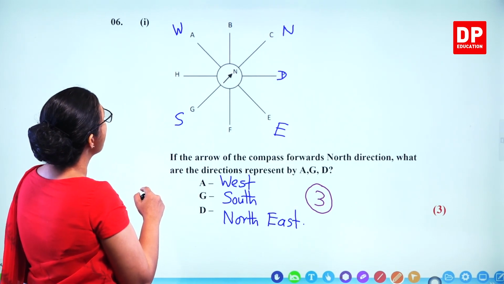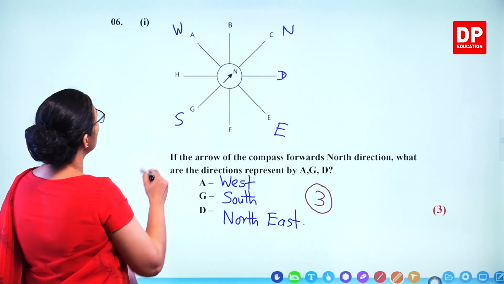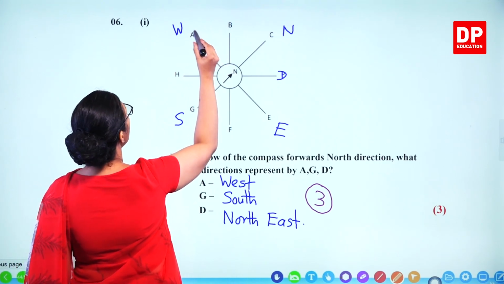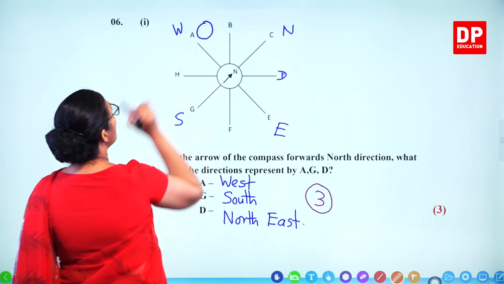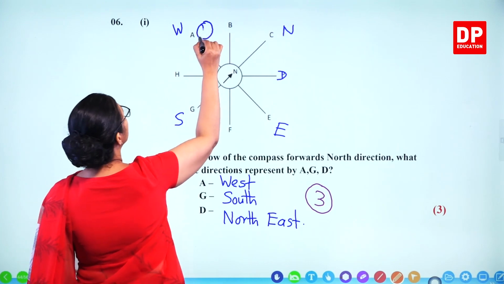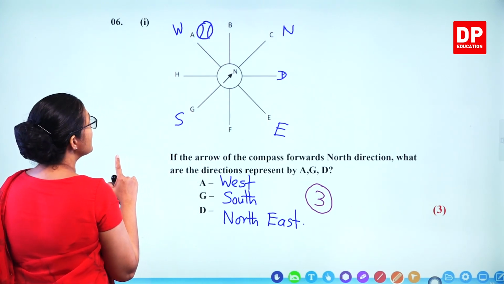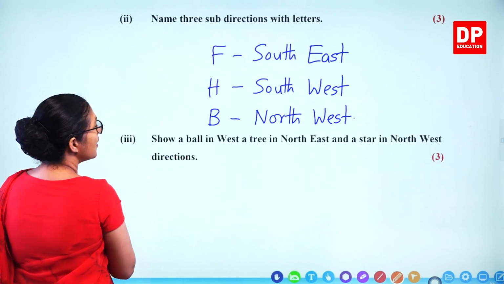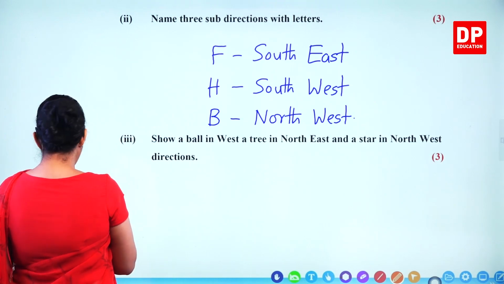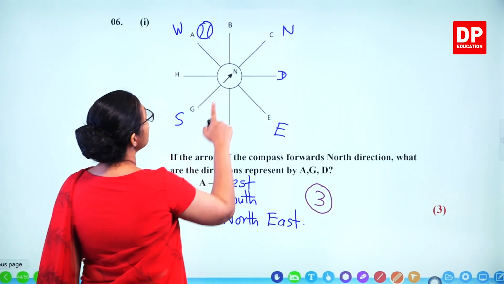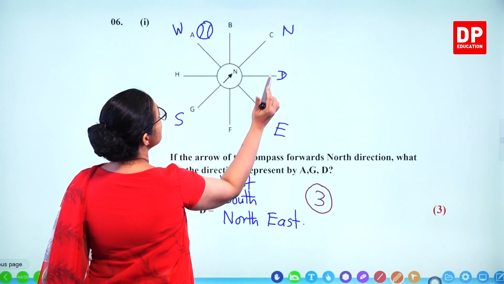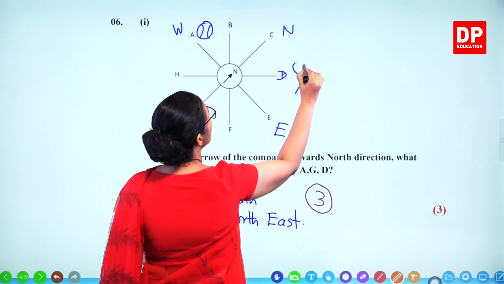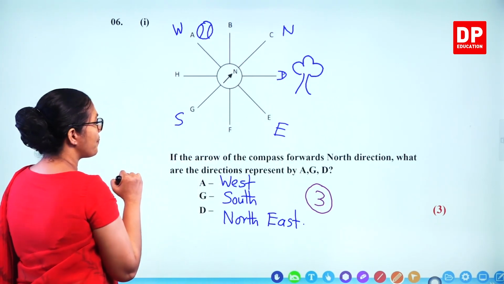West. Where's the west side, we can show a ball. So you can draw a ball there. That's west side. A tree in northeast. Northeast. A tree. So you can draw a tree there.